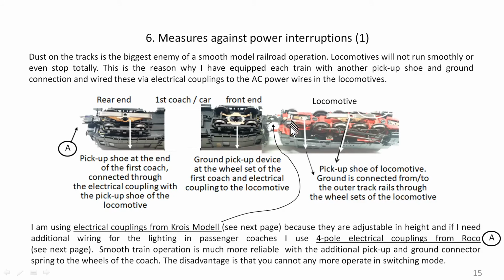So the ground of the pole of the AC power supply is connected to the locomotive through these wheels. Very often in locomotives, these wheels are also connected internally in the locomotive with ground.